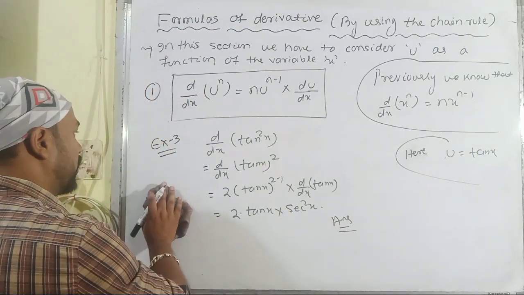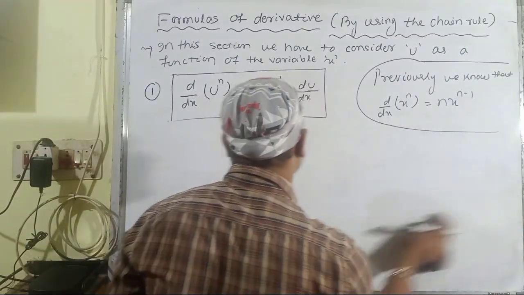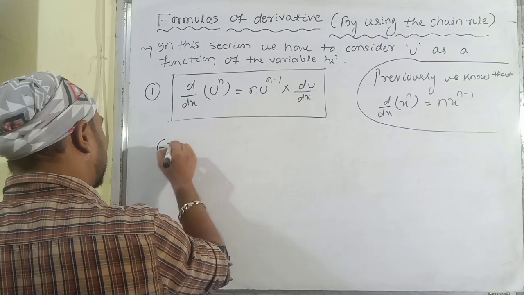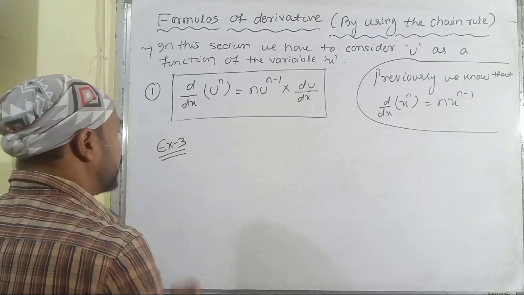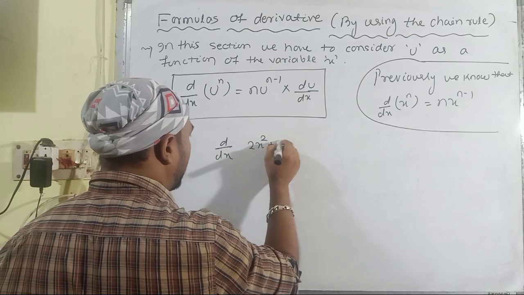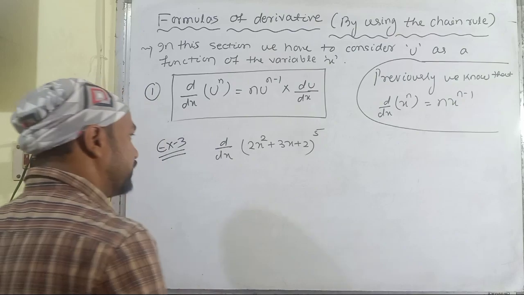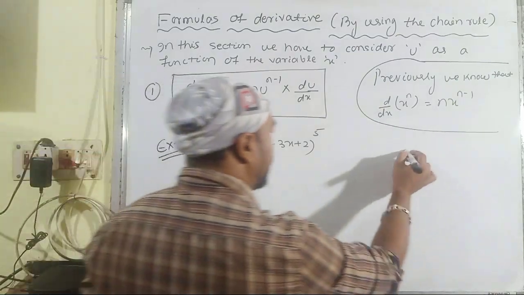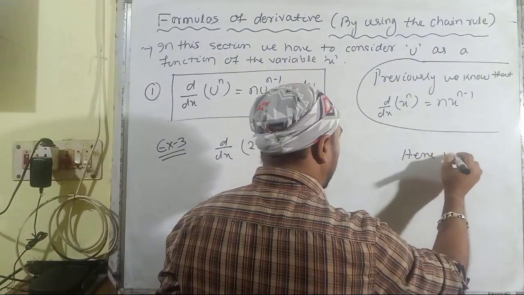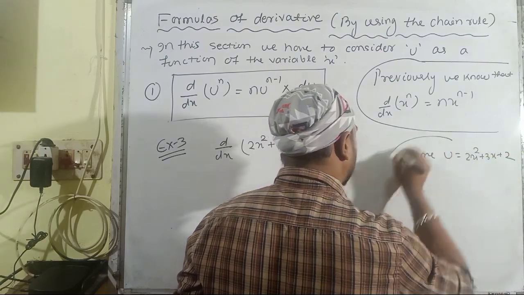Then moving towards the next problem. Example number 3. Differentiation of (2x square plus 3x plus 2) whole to the power 5. Here u is equal to 2x square plus 3x plus 2.